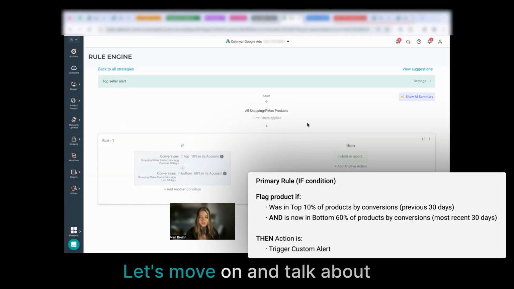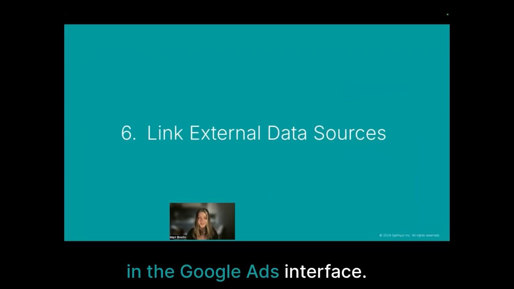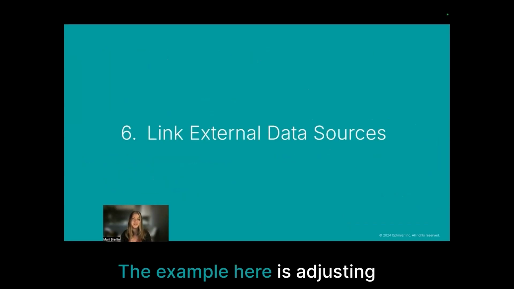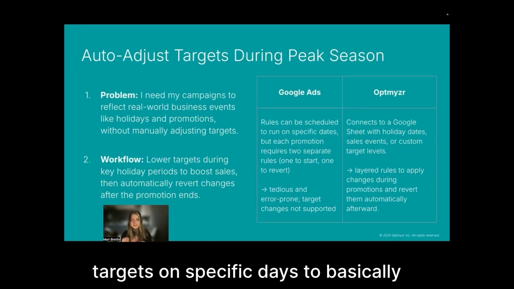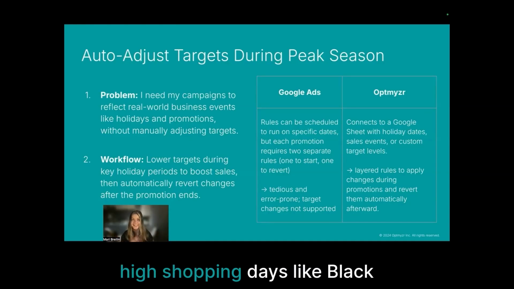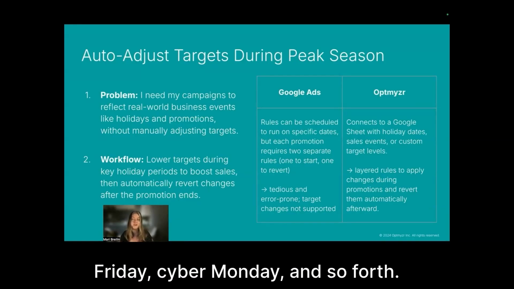Let's move on and talk about linking data that does not live in the Google Ads interface. The example here is adjusting targets on specific days to basically increase conversion volume on high shopping days like Black Friday, maybe days leading to Black Friday, Cyber Monday, and so forth.